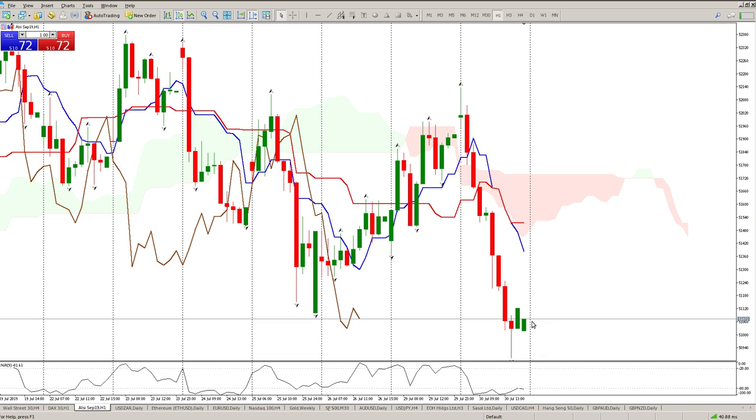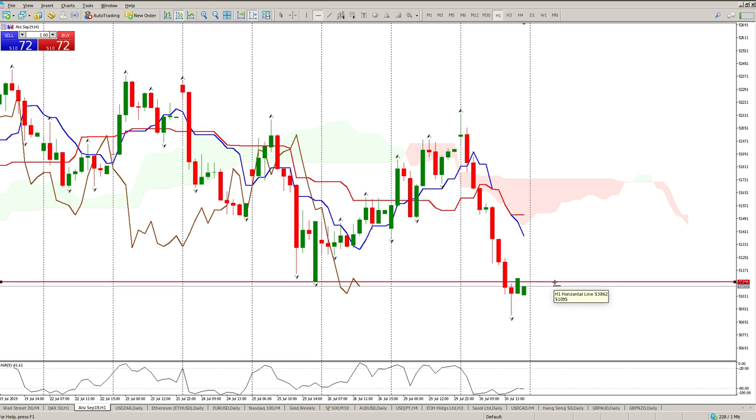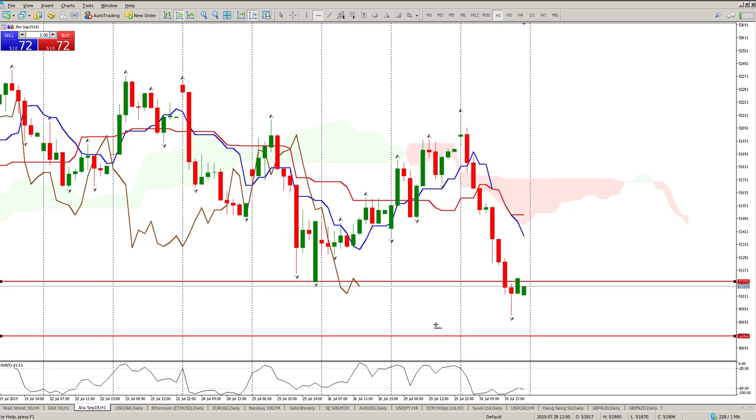So in other words, it's probably a better bet for a long at the moment. Could be a scalp, could be to the top of the range, but you're looking for an entry somewhere around that area there. And I'll give those levels to you now.